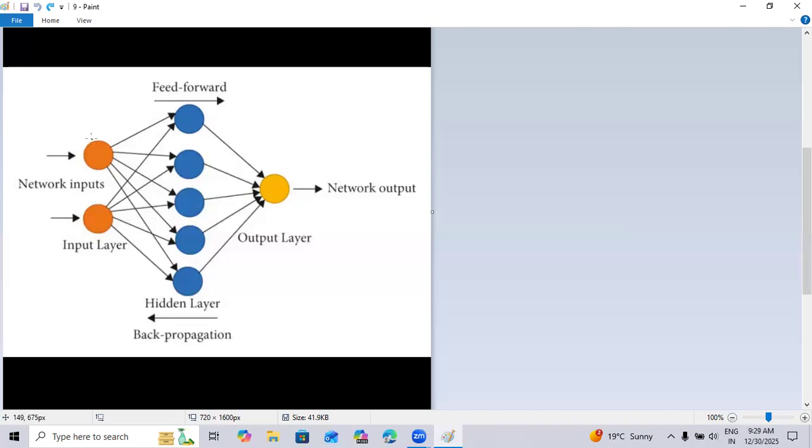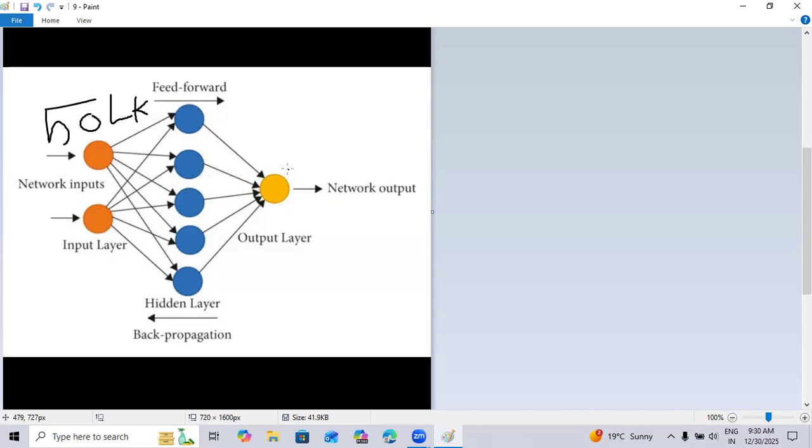For example, suppose the actual house price is 50 lakhs, and I pass that as the input.